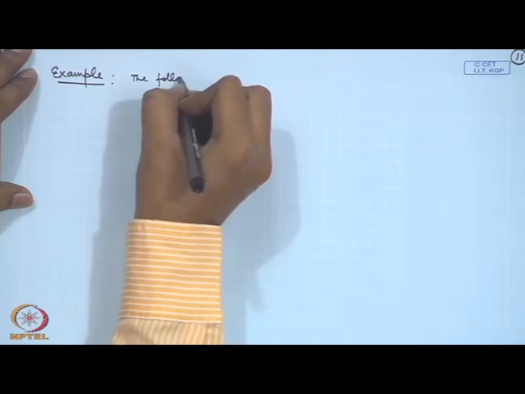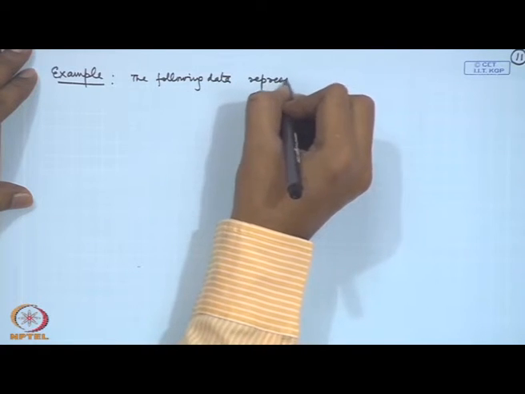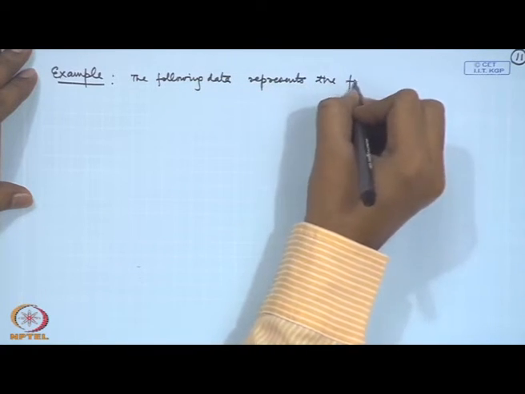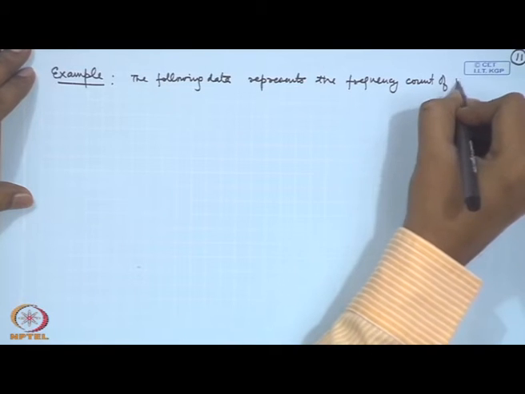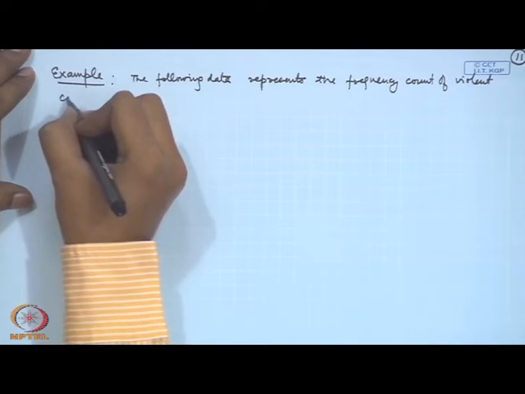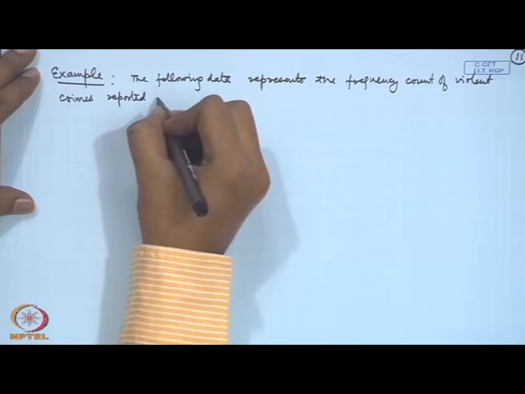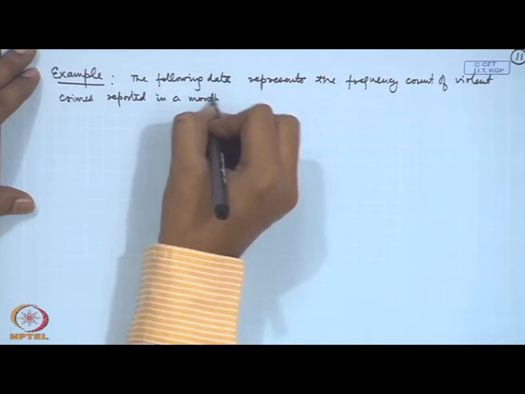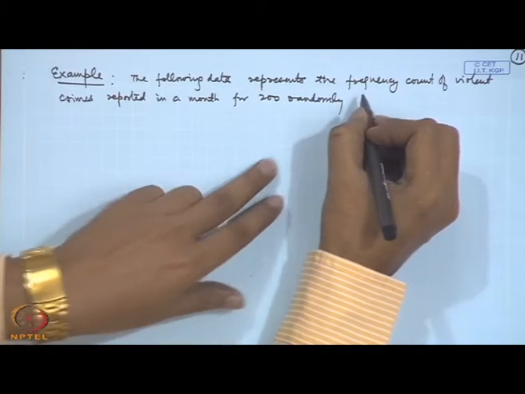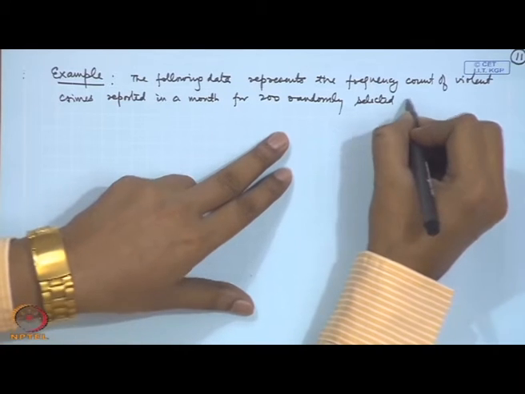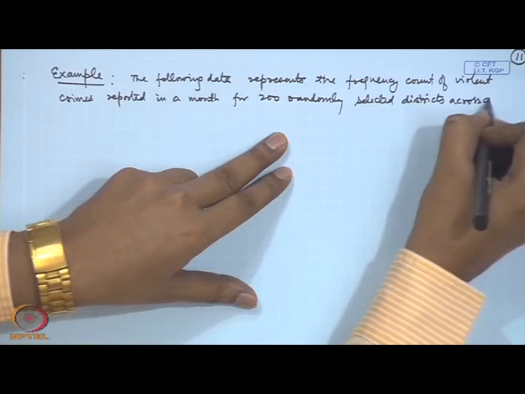The following data represents the frequency count of violent crimes reported in a month for 200 randomly selected districts across a country.